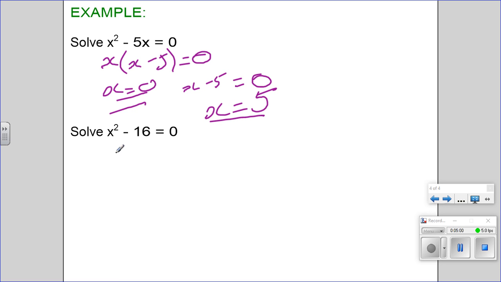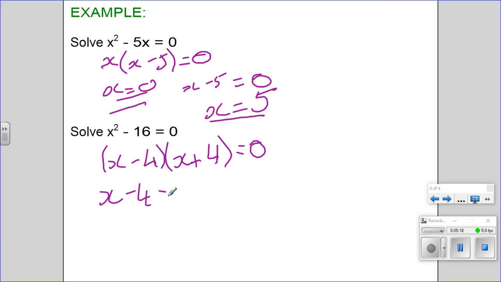Now we've got x squared minus 16 equals 0. The second factorising that you should always check for is the difference of two squares. X minus 4, x plus 4, and that's equal to 0. So then our two solutions, x minus 4 equals 0, and x plus 4 equals 0.